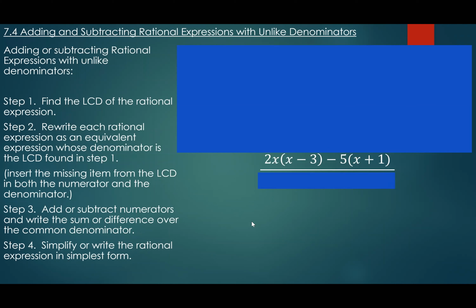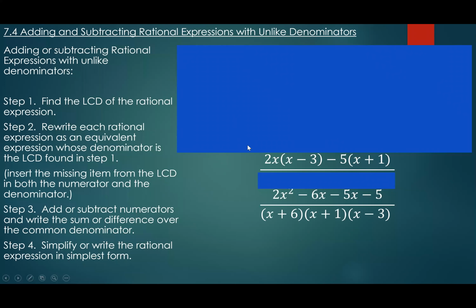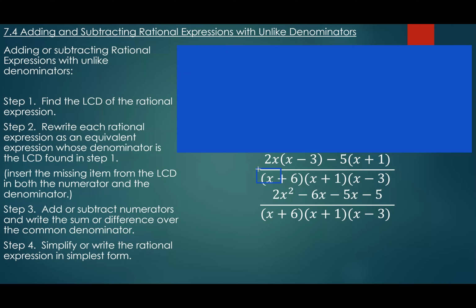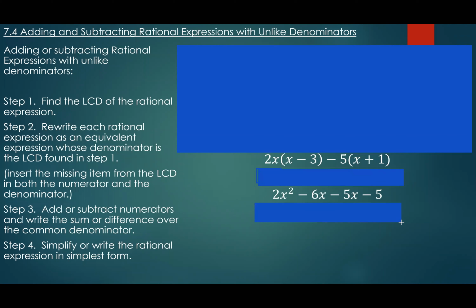If I distribute the 2x in, 2x times x will give me 2x squared, and 2x times a negative 3 gives me a negative 6x.